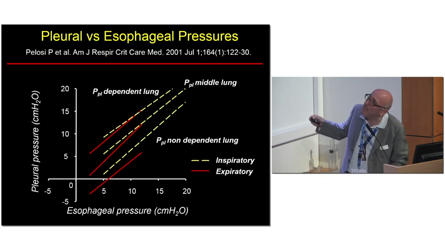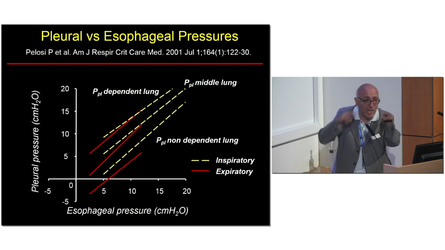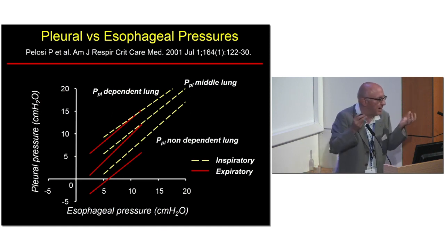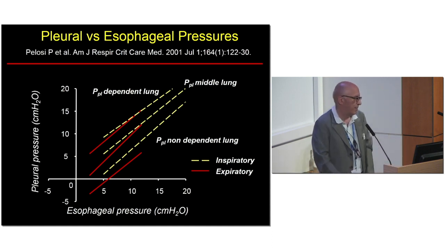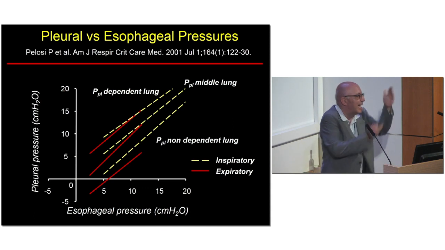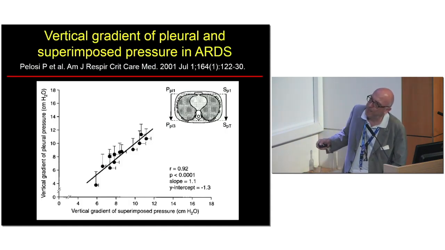On average, more or less in the middle, the esophageal catheter, you remember the CT scan, is exactly in the middle of the chest, and represents more or less the regional pleural pressure in the middle, but we have a regional distribution. This is why the vertical gradient of the pressure is equivalent to the gradient of the superimposed pressure.